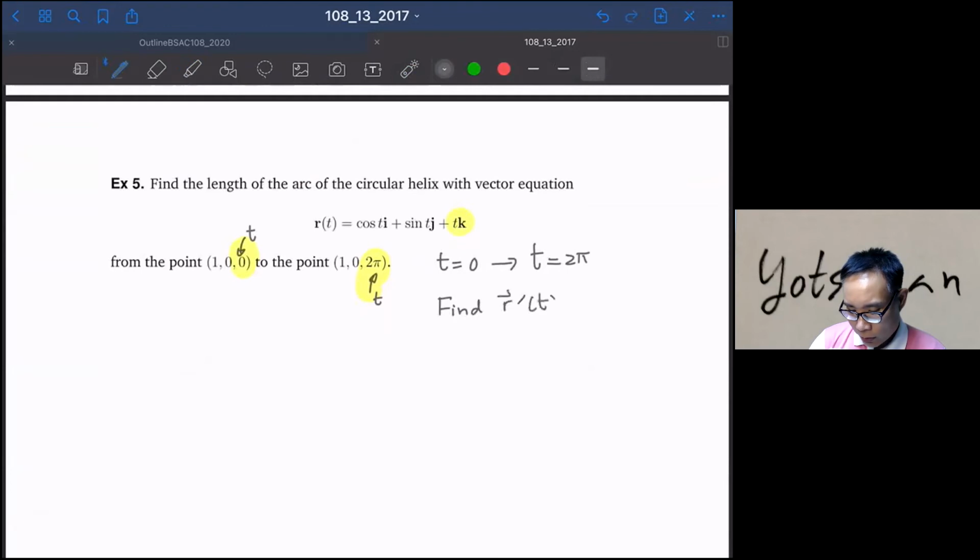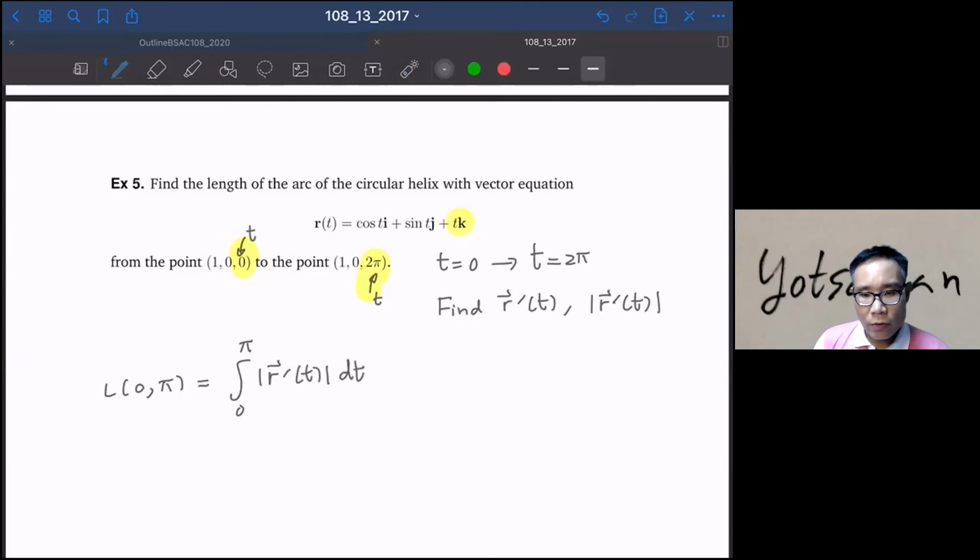So you need to compute r prime t, find the norm of r prime t, and you're going to compute the integral from 0 to pi of the norm of r prime t dt.